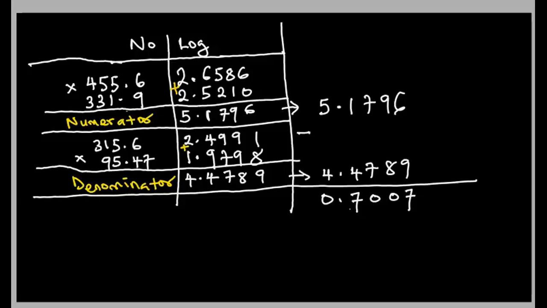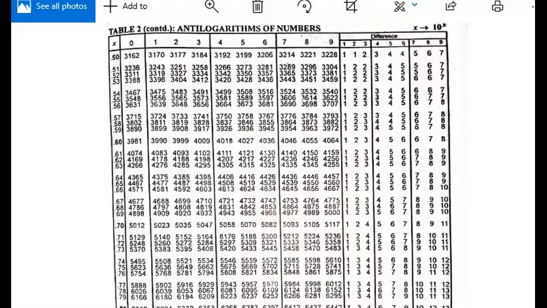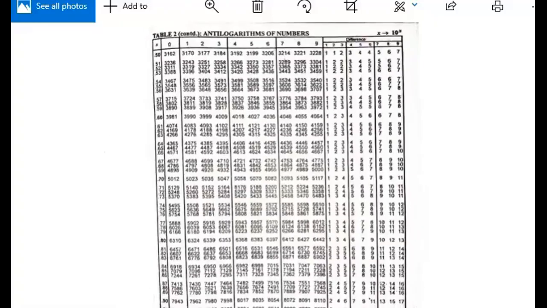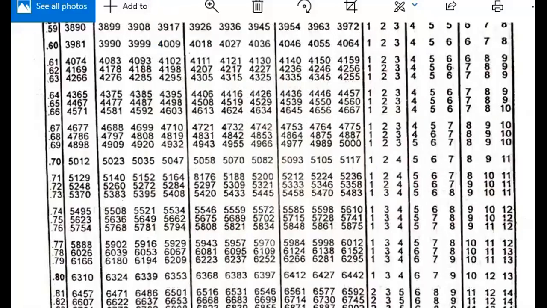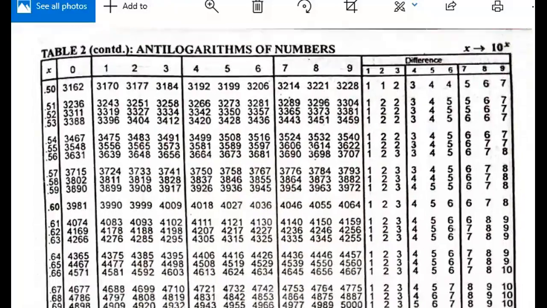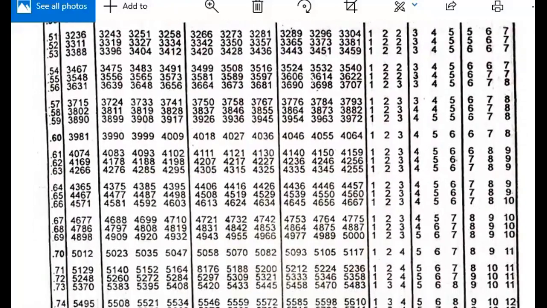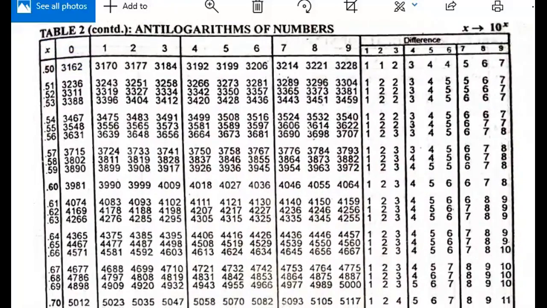Now we're done. Let's get the anti-logarithm. The anti-log of 0.70 under 0 equals 7. As we see here under anti-log, 0.70 under 0 is 5012.